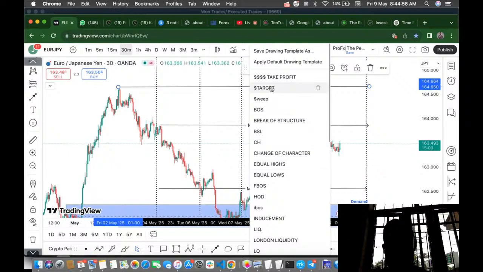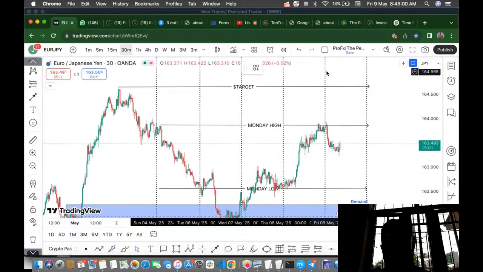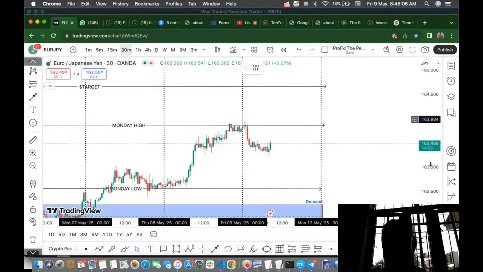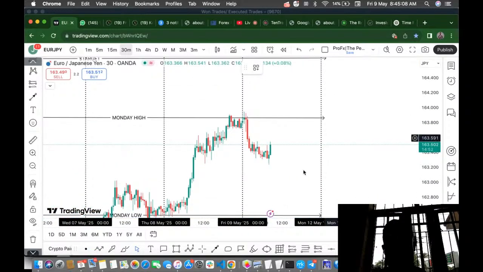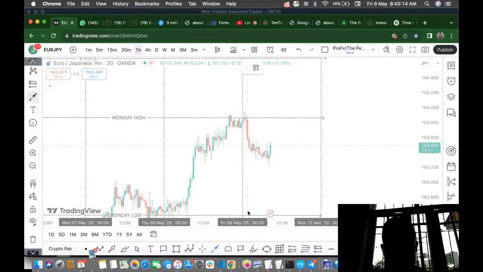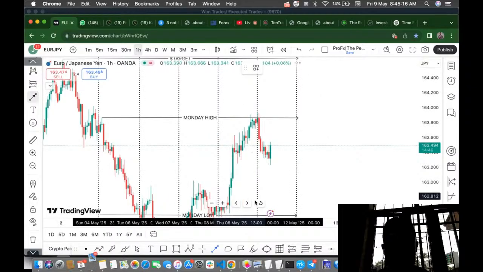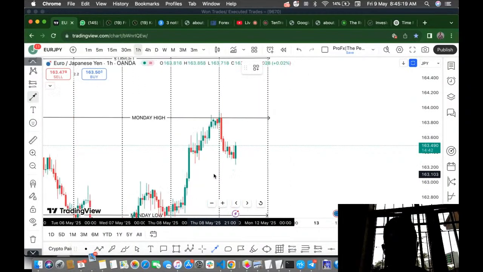So we look for inducements to continue because we are in a buy trend. So let's go to 1 hour and see if we have a valid demand zone that has been induced. So we have this low as liquidity, right?